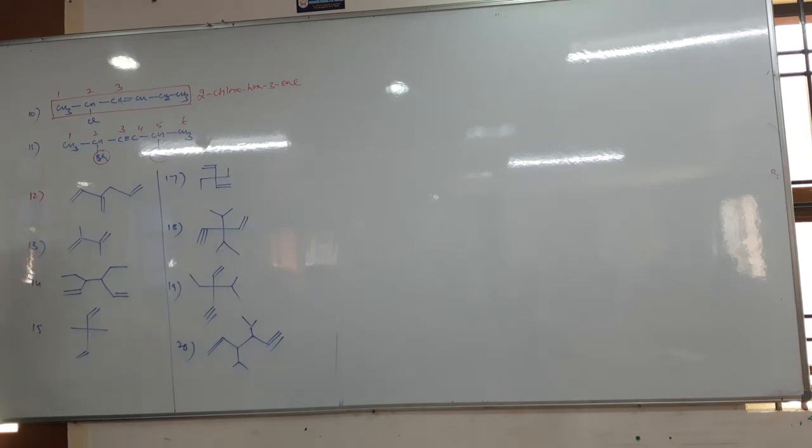Will you do it? Shall I do one? Tell me. Now here, this one. It is 1, 2, 3, 4, 5, 6, 7. 1, 2, 3, 4, 5. So I think 7 only is the maximum, right? Numbering, tell me: 1, 2, 3, 4, 5, 6. But there is a group, which group is it?